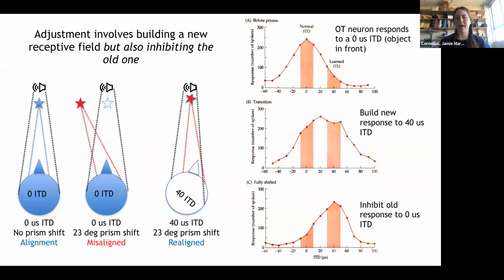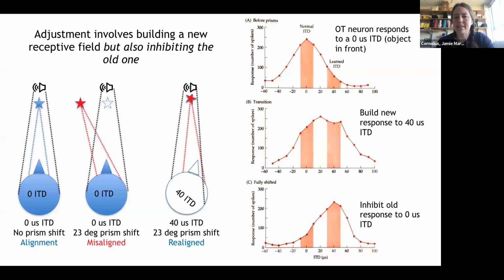So here's what happens in the brain to neurons before, during, and after the prism shift. This is an optic tectum neuron. This is where the visual and the acoustic maps are overlaid. And what you see is that you have a normal interaural timing difference, and this optic tectum neuron responds really well to it.